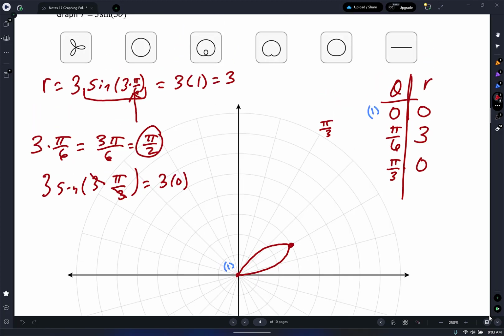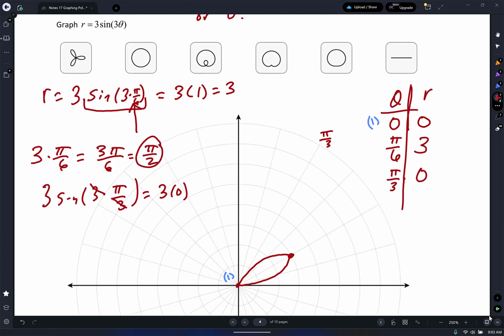I'm going to put, let me see, what am I going to put? I'll put 5 pi over 6 next. And then 3 sine 3 times 5 pi over 6 is the same thing as 3 times sine of 5 pi over 2.